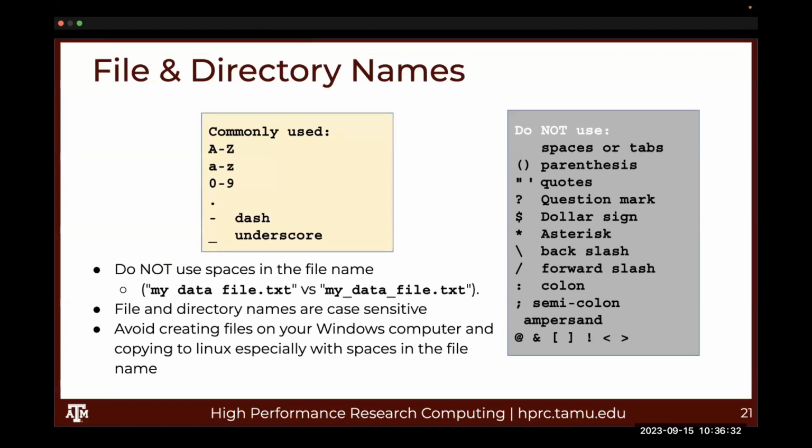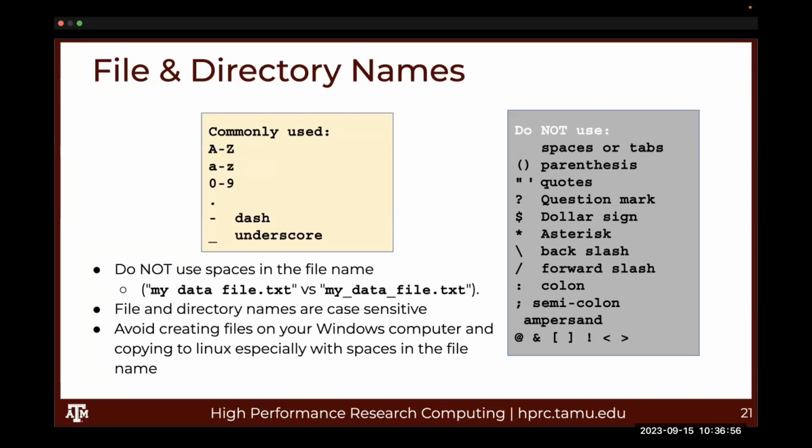And make it nice and easy to read. But it can throw Linux systems into a fit. So what we want to do is my_data_file to have it more readable. Or you could do something like my in lowercase and then capital D and capital F with no spaces, or something like that, to make it more readable.